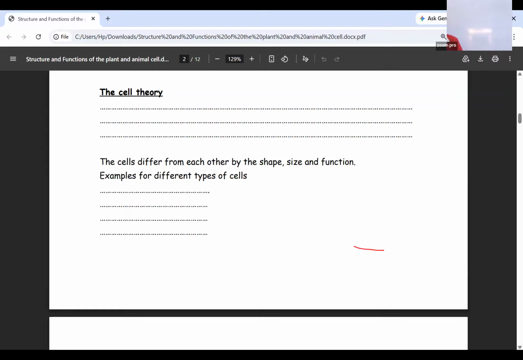Then the second one: all organisms are made up of one or more cells, right? Is that true? Yes. Up to now, you have learned about microorganisms, amoeba, paramecium.